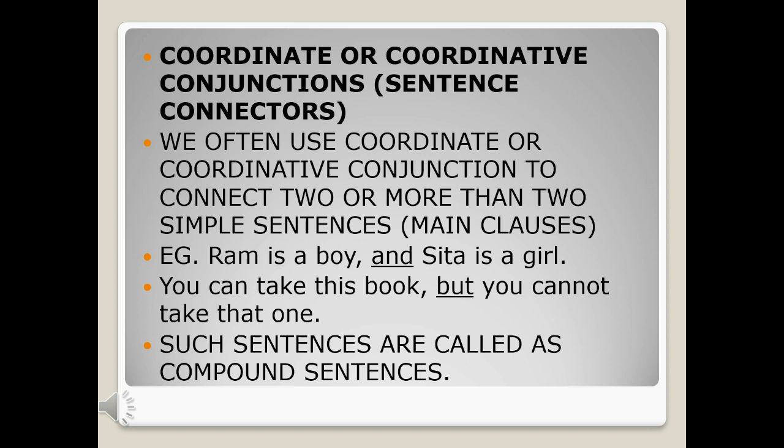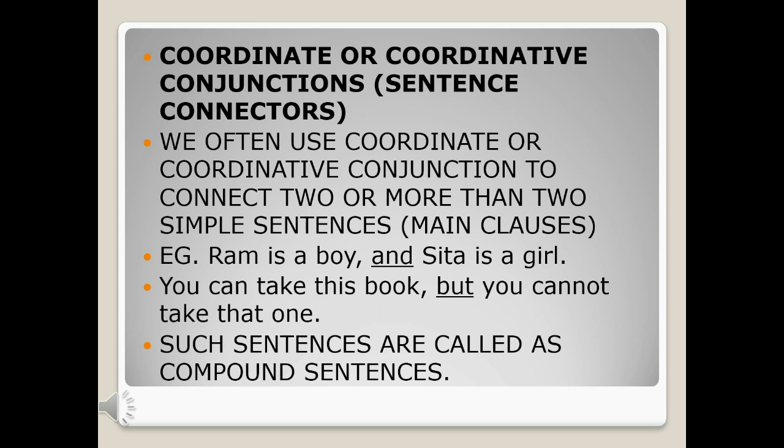In this sentence, there are two simple sentences. Number 1, Ram is a boy. Number 2, Sita is a girl. And both the simple sentences are joined by the coordinative conjunction and.